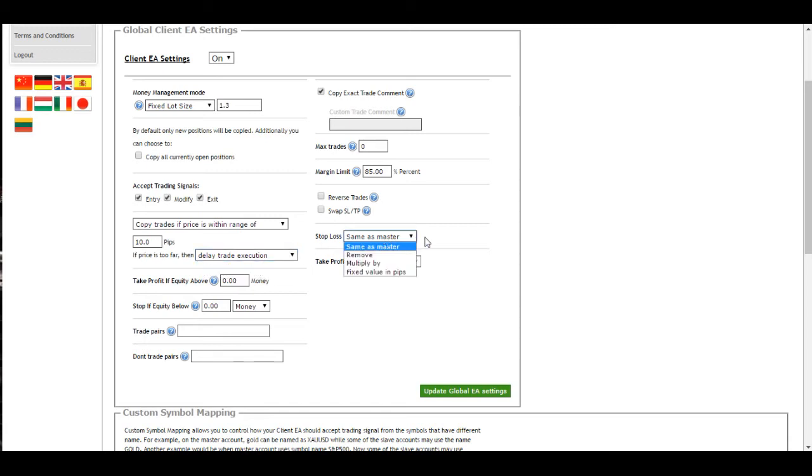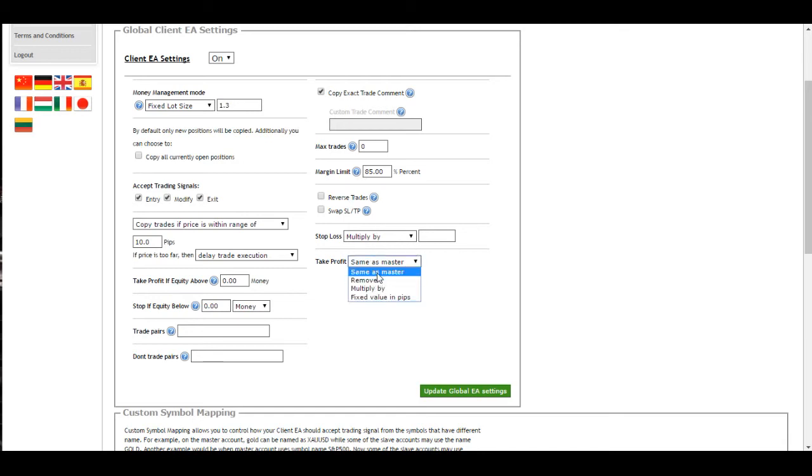All right, stop loss. You can have a fixed value in pips, meaning, if on average our trades make 100 pips, and you just want to take profit at 50 pips, then by all means, go ahead. You could multiply it by however many pips. Well, okay, I had that reversed.